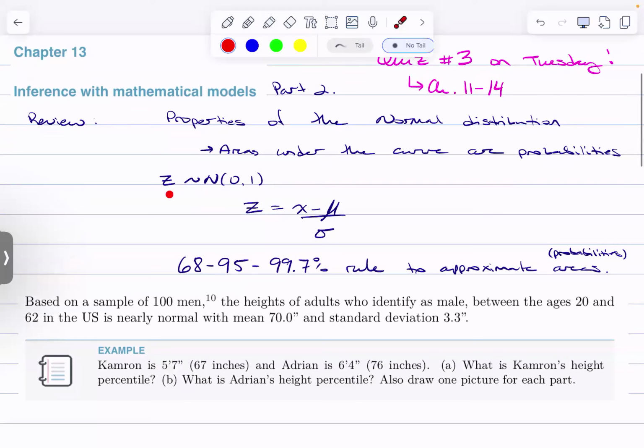We introduced Z, right? A standardized value. We also introduced, this is my way of reviewing the shorthand, right? Z follows a normal distribution with a mean of 0 and a standard deviation of 1, right?